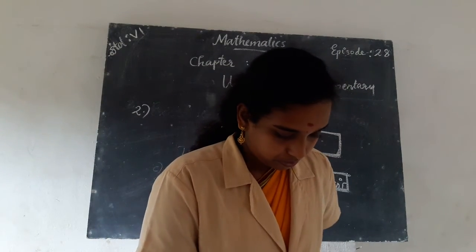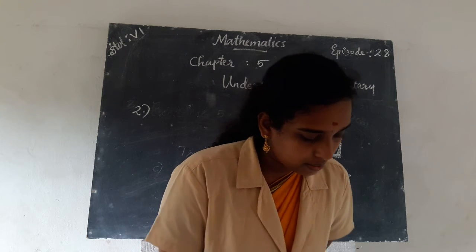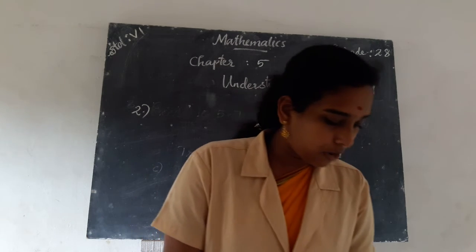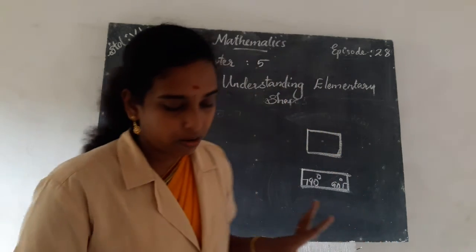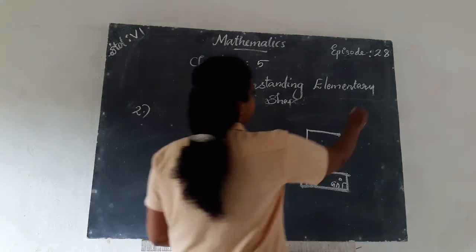Then the next one: a square can be thought of as a special rhombus. Rhombus means all sides of the rhombus are of equal length.